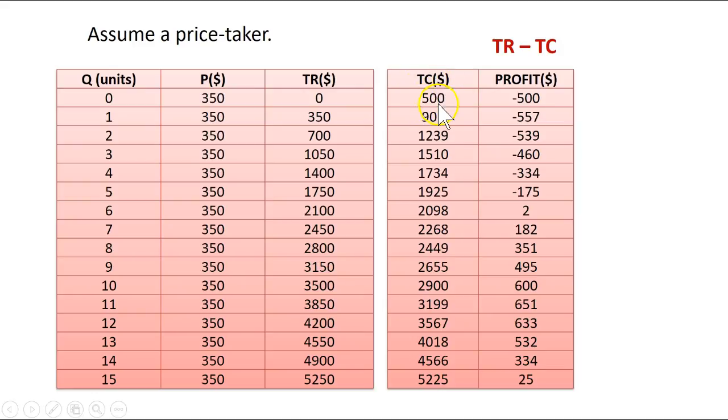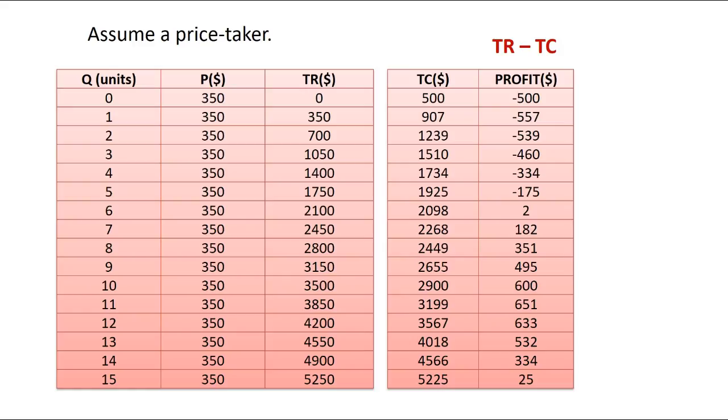Now, why would there be a total cost of any amount if the firm was producing nothing? It must mean that the firm has fixed costs of 500, which are paid no matter how much output is produced.